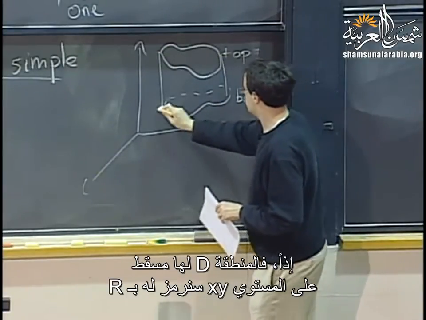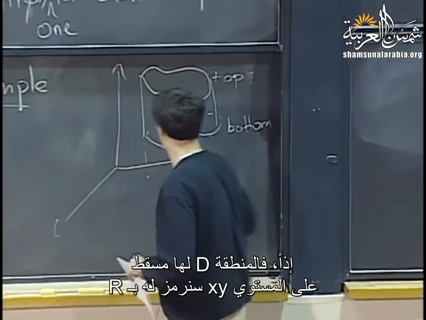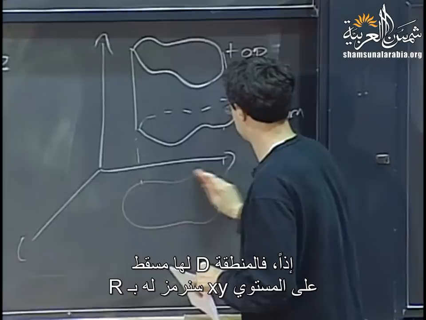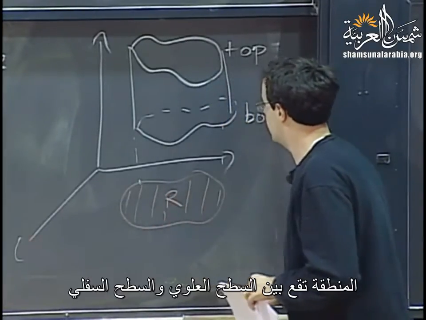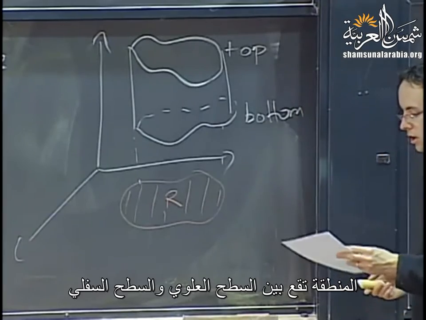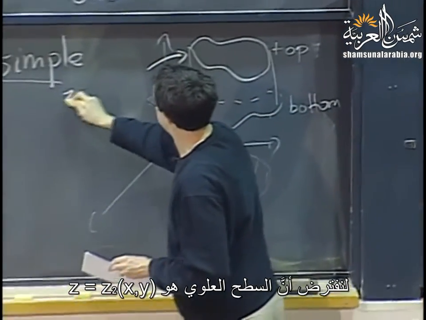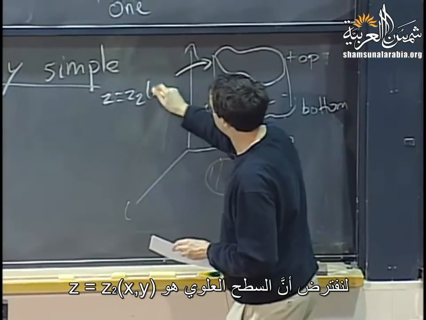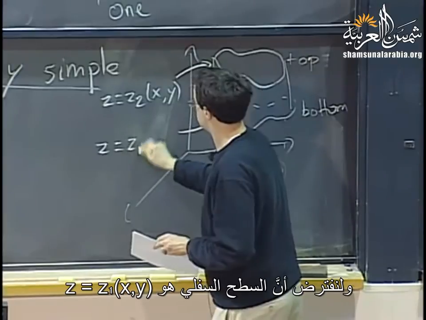If I look at it from above, it projects to some region in the xy plane. Let's call that R. And it lives between the top face and the bottom face. Let's say the top face is z equals z2 of x, y. The bottom face is z equals z1 of x, y.